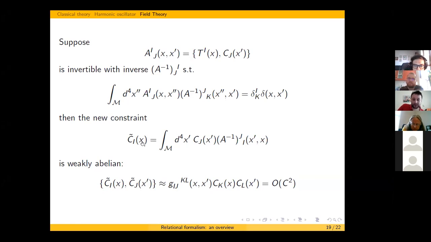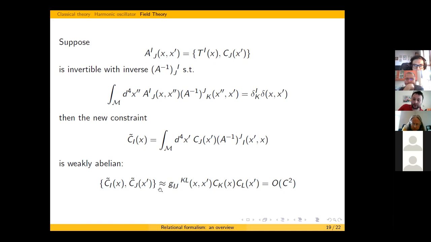And now, what is the structure? Well, they're weakly abelian in the sense that the linear part of this Poisson bracket, involving, as I said before, F multiplied by C, which is the constraint, weakly vanishes, but not because of the constraint C, rather because any component of the structure function weakly vanishes.